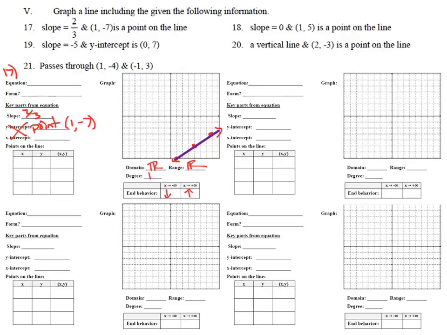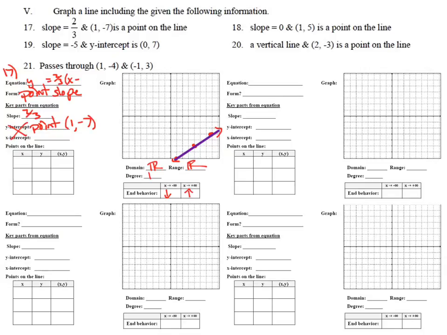But can we take this and put it into an equation? Well, if we're given a point and a slope, then we can use point-slope form. And say y minus our y1 value, which was... I wrote the y value in the wrong spot.